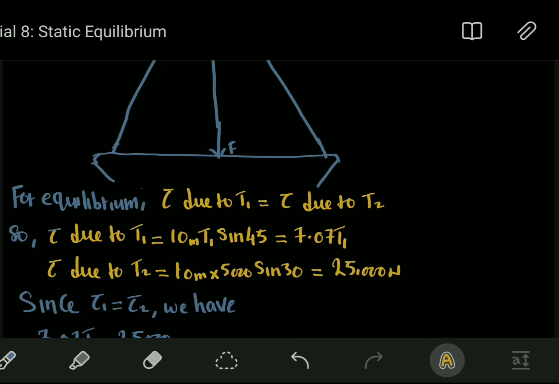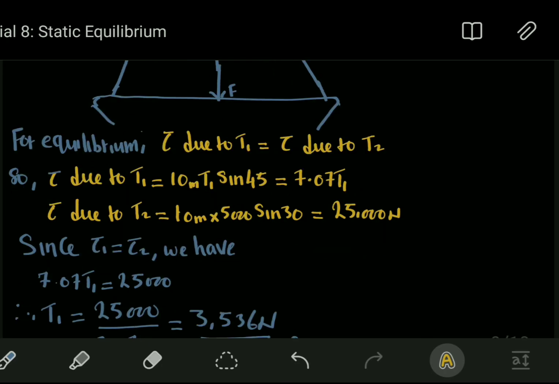So since we are saying that the two must be equal, the torque due to T1 must equal the torque due to T2. Therefore, we can say tau 1 must equal tau 2 in this statement. Therefore, we can say this is our tau 1 and this is our tau 2. Therefore, we equate the two.